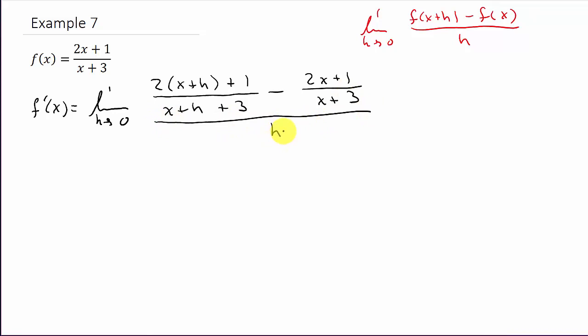Now, we've got to simplify this. We've got to get this h out of the denominator. So, looking at this, well, that's just a complex fraction. We can look at the h as being over 1. So if I look at the denominators, my common denominator is x plus 3 times x plus h plus 3.